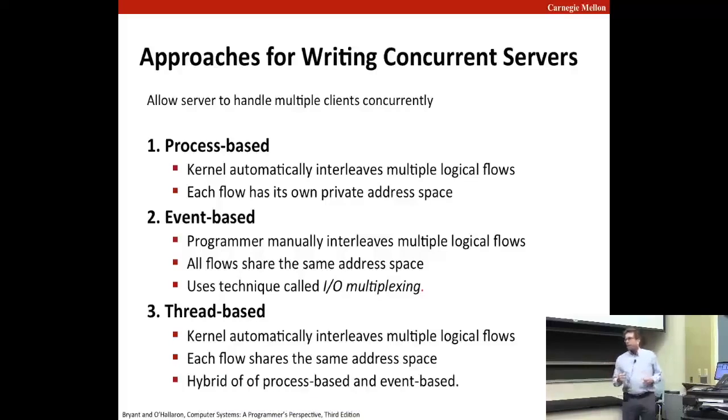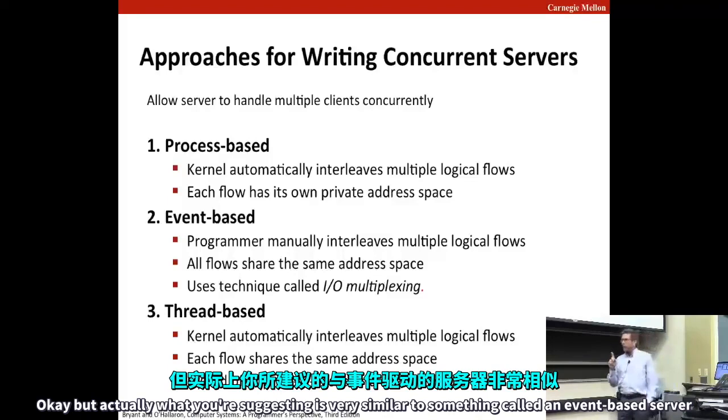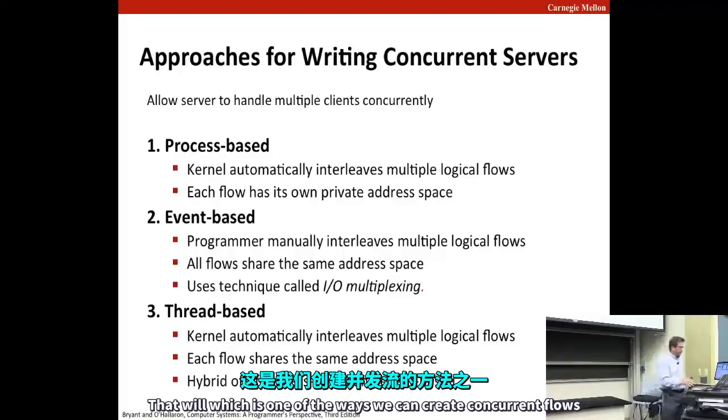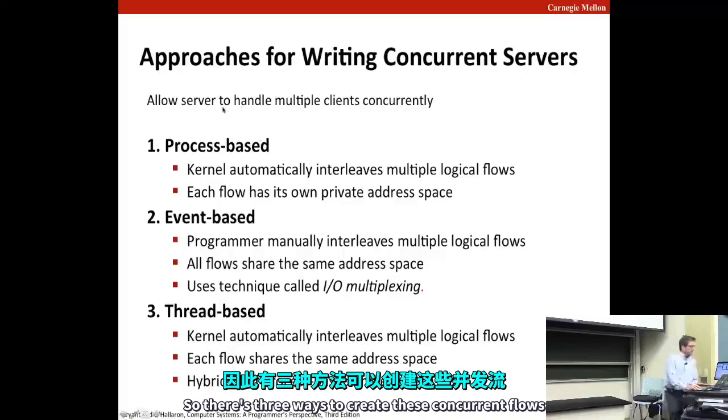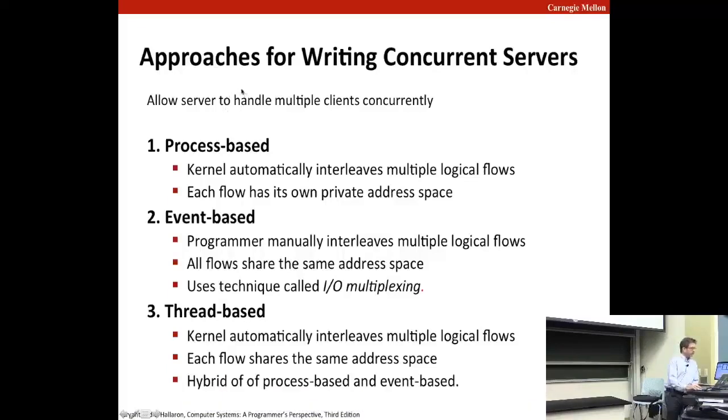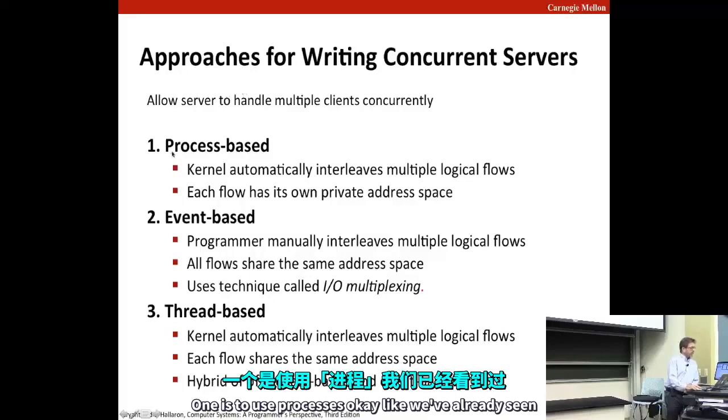But actually what you're suggesting is very similar to something called an event-based server, which is one of the ways we can create concurrent flows. There are three ways to create these concurrent flows. One is to use processes, like we've already seen.